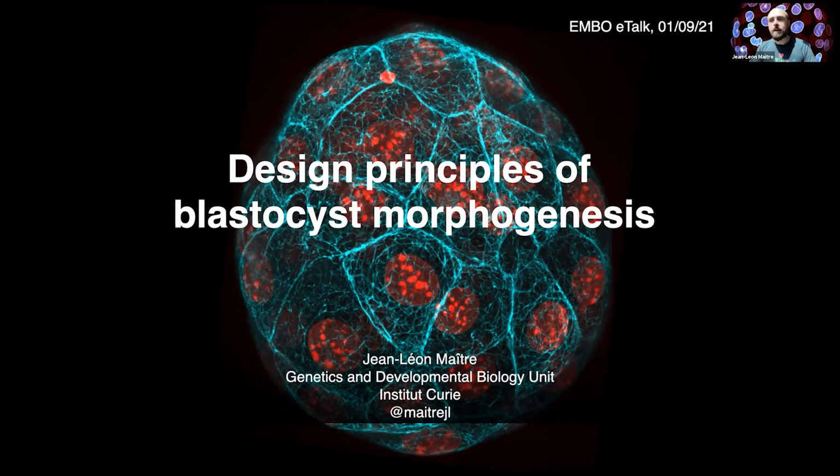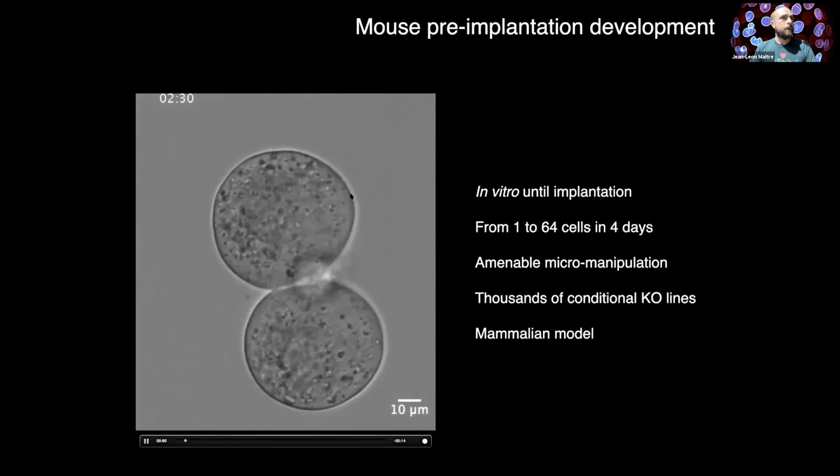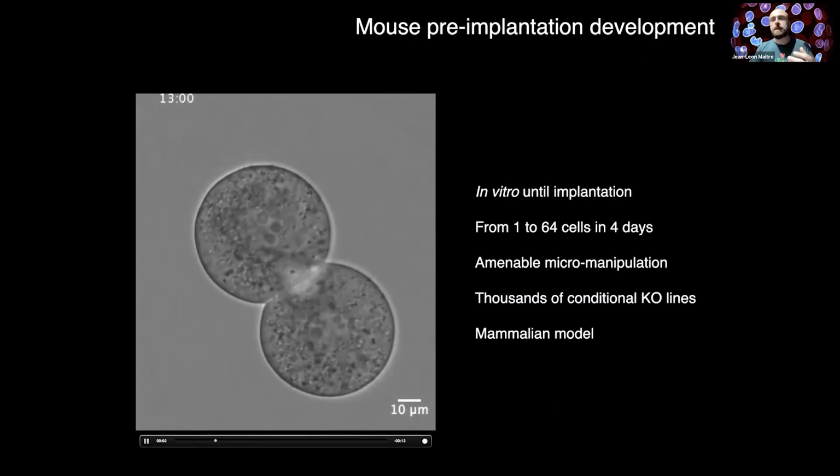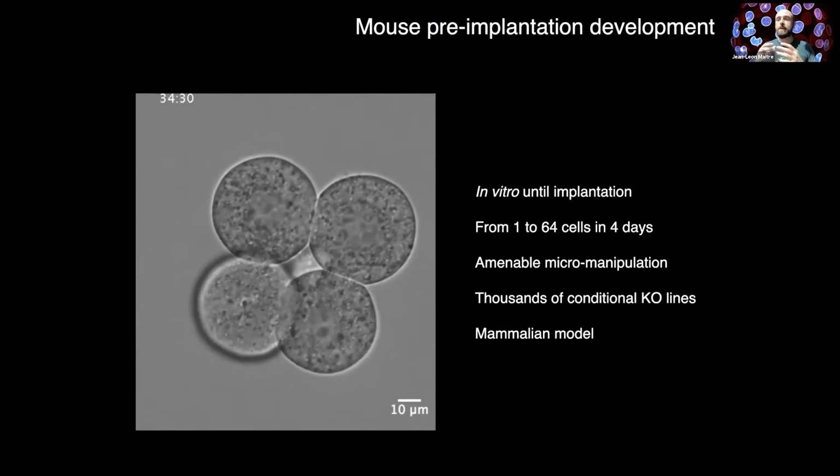And for this, we use the pre-implantation embryo as an experimental system, because it offers a unique opportunity to investigate the shaping of the mammalian embryo using live embryos. Here, for example, is a mouse embryo, which is kept in vitro under the microscope. And you can see the zygote, which divides into a two-cell stage. The divisions are cleavage divisions, where you have division without cell growth.